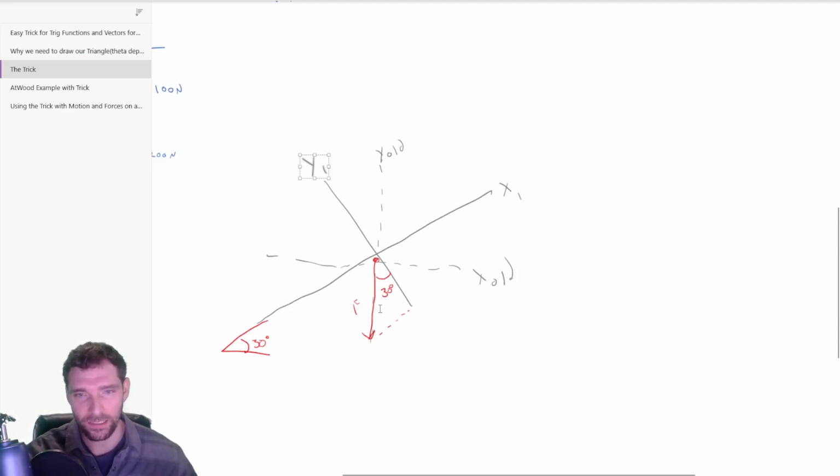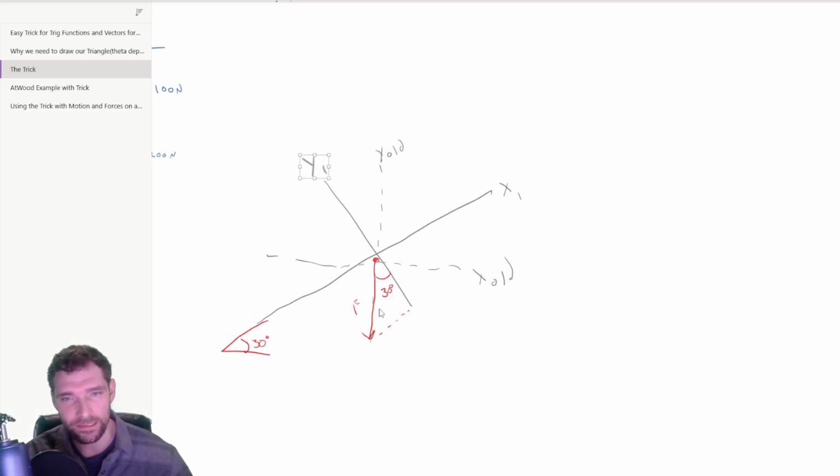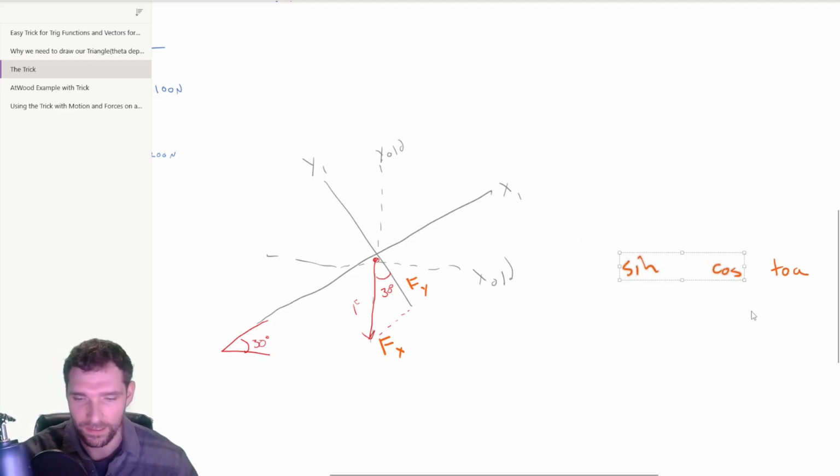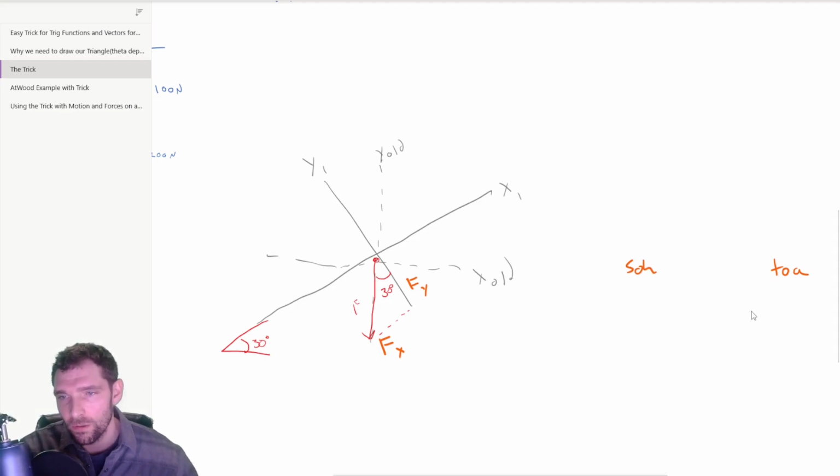And then you can say, okay, this guy on the bottom here is parallel to my x-axis, so this is the x component. And then this would be my y component right here. And then I always do my sine, cosine and tangent, the SOHCAHTOA, because that just helps me with this.